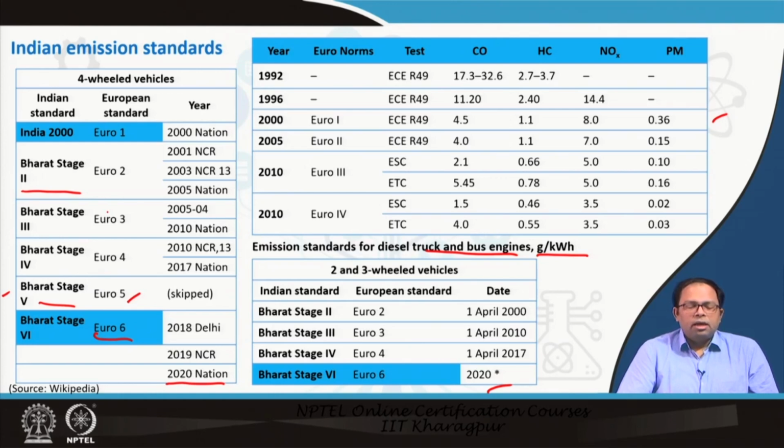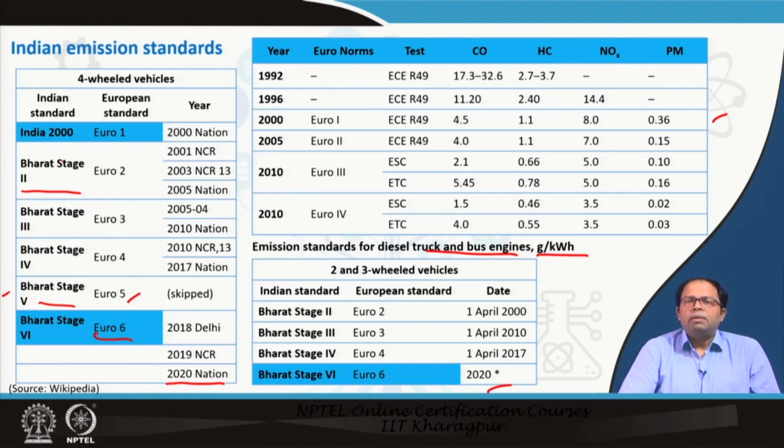So one way is to determine what kind of fleet a particular urban area has, the number of vehicles registered during a certain period and under which norm they were registered. At that point of time, what was the norm in place gives us an estimate about what kind of emissions are possible from those vehicles.